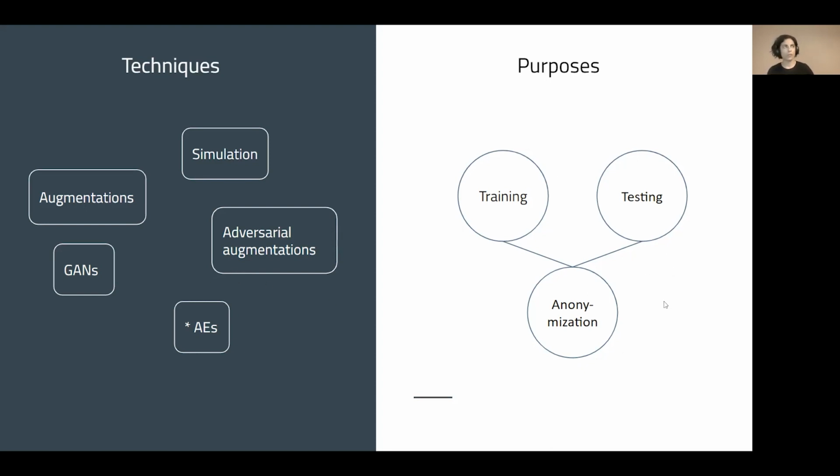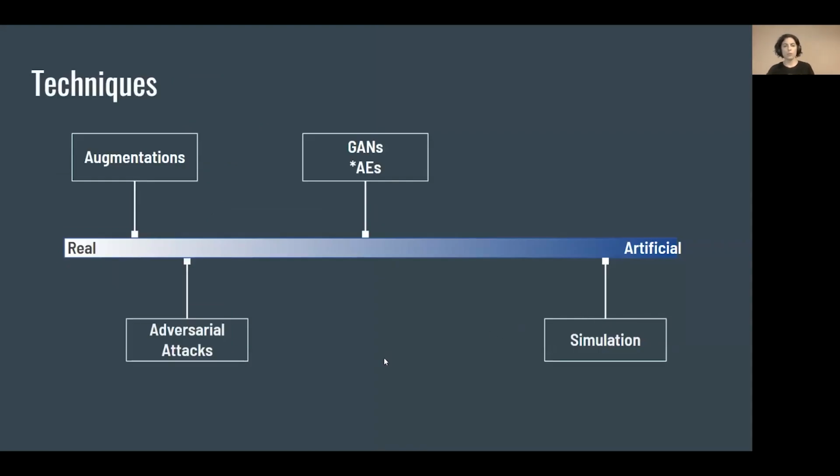So at all times, I'm going to be thinking and sharing with you, could these fit in a training setting, in a testing setting, or perhaps as anonymization? Right. One other thought, all of these, in my point of view, can be somehow put on a spectrum between how close they are to the original real data, to the unreal, virtual, completely synthetic, and artificial domain, which would be about here. And we'll see in a minute why.